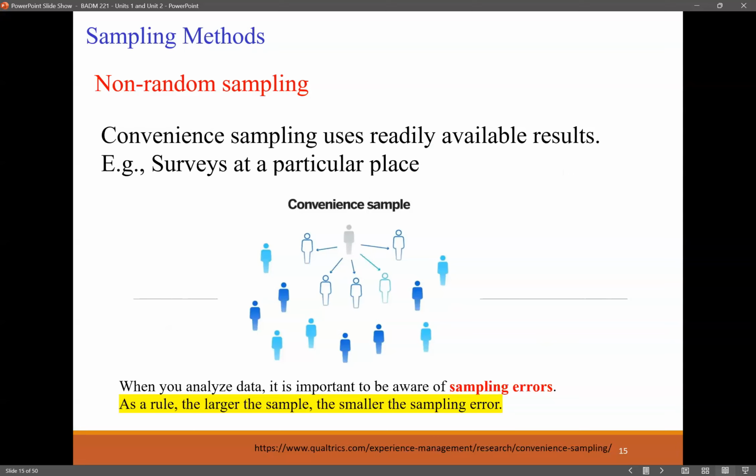Convenience sampling uses readily available results. Suppose you want to do a survey about the opinion of the current traffic situation in Vancouver, right? So anything it can be.